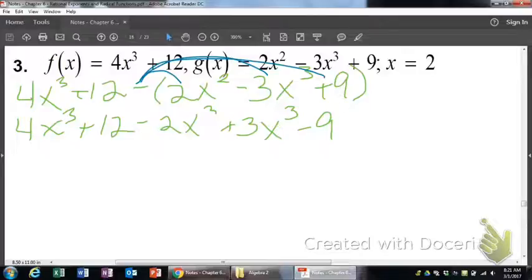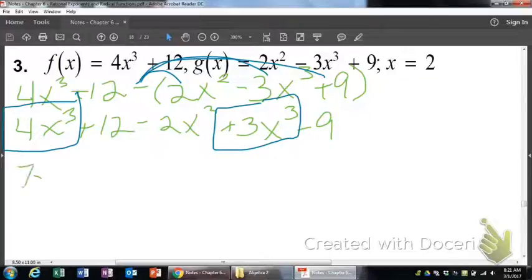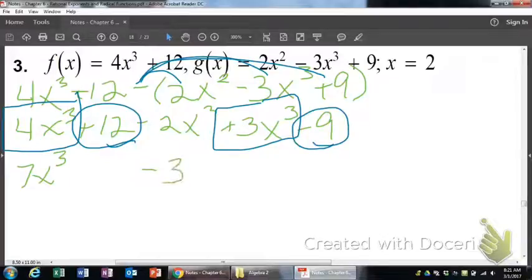Now I'm going to go ahead and combine my like terms. I have 4x cubed plus 3x cubed combine to give me 7x cubed. I have 12 minus 9 is 3, and negative 2x squared didn't change.